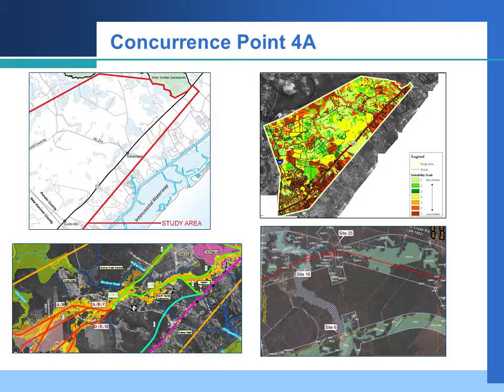Concurrence Point 4A is the culmination of the steps that have been taken through the entire process to avoid and minimize impacts, from determining the initial study area, identifying the location of preliminary study corridors and placing the alignment within those study corridors, selecting the detailed study alternatives, and determining the LEDPA or preferred alternative. This step should involve only minor revisions to the design plans at this point.